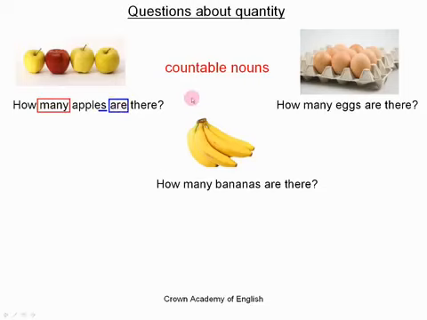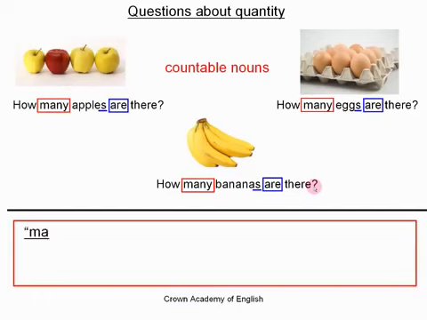Okay? And it is the same here. We have the noun in the plural. We use the expression how many, and the verb is in the plural form. How many eggs are there? And the same here. How many bananas are there?